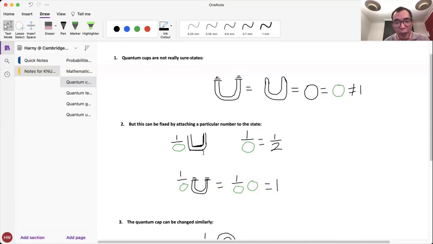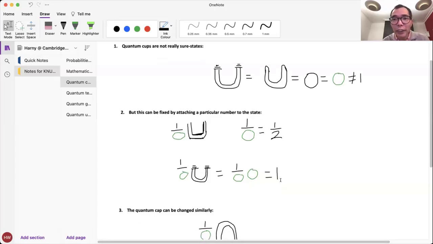So with this number, if you do the discarding, you get number 1. So it's a perfect short state. That's how you get the perfect short state.